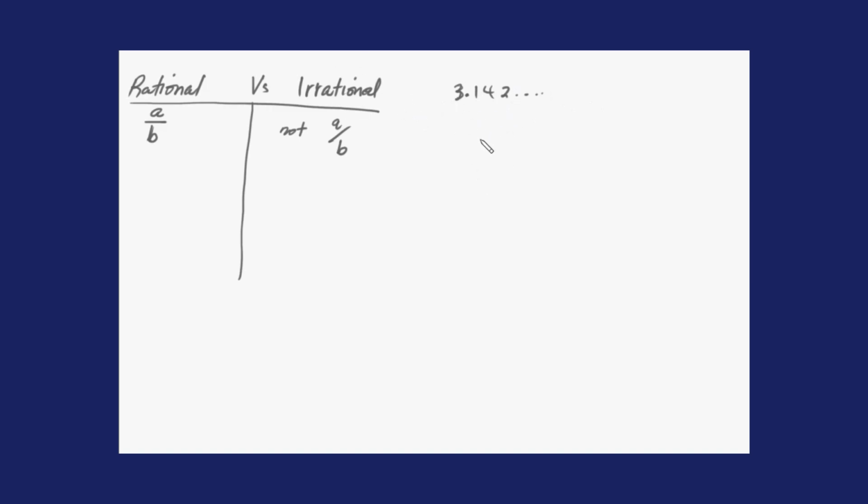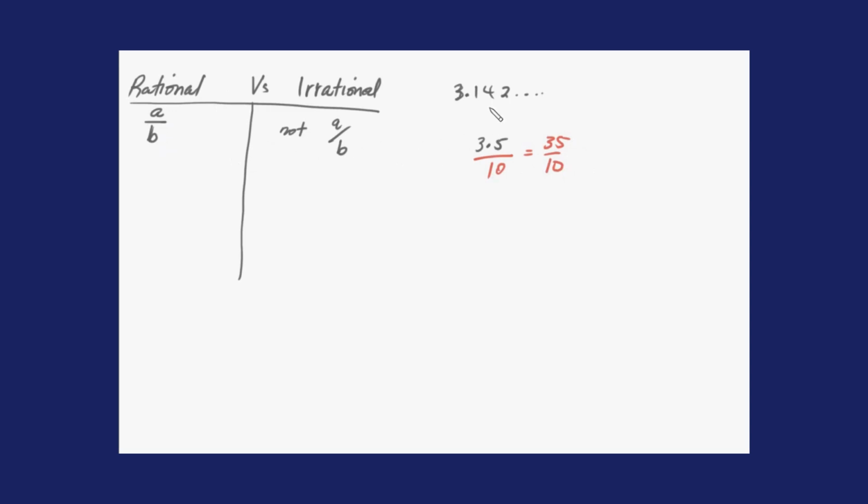But if you have, say, 3.5, below the point you put 1, below this digit you put 0, so it becomes 35 over 10. So 35 over 10 is a rational number.